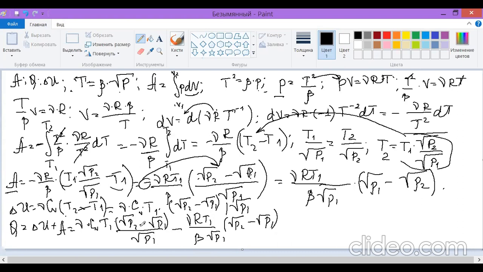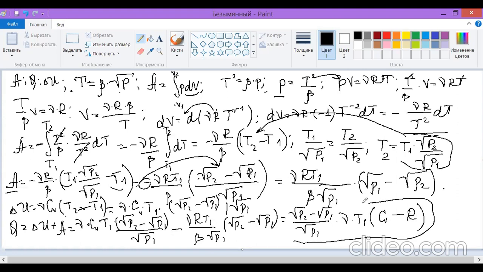So we can see that in this part we got the same things, and we can write that Q is equal to, yes, and C sub V minus R. This is the formula to calculate the heat of the process. Thank you.